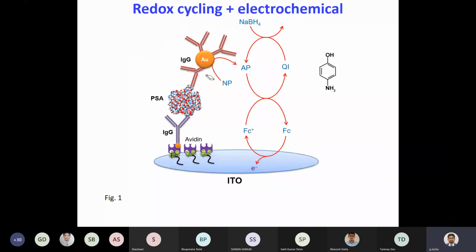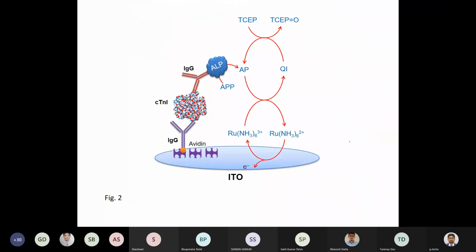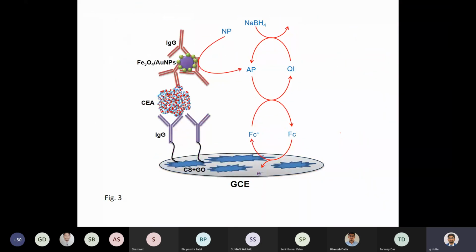With only gold, maybe the signal to background ratio is one thing, but if you make a composite like this, the signal to background ratio will be much higher. So you can generate a much stronger signal, and that biosensor will be more ultrasensitive than the previous one. Basically, you have to optimize it in the lab. So you think about how we can change it. You can change something like this, a new tag, a new label you can generate. This is the one thing. Clear, Bhavesh?